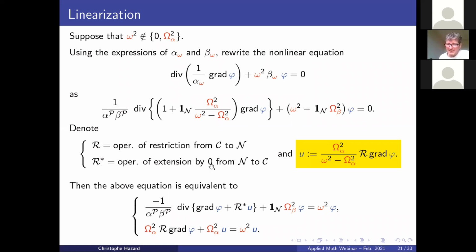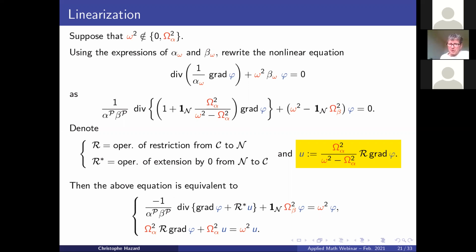And as I said before, my auxiliary variable is simply the restriction of this quantity to the negative material. So I define U as the restriction of the gradient of phi times this ratio here. When we do that, this equation simply becomes this equation here, which is linear with respect to omega squared.